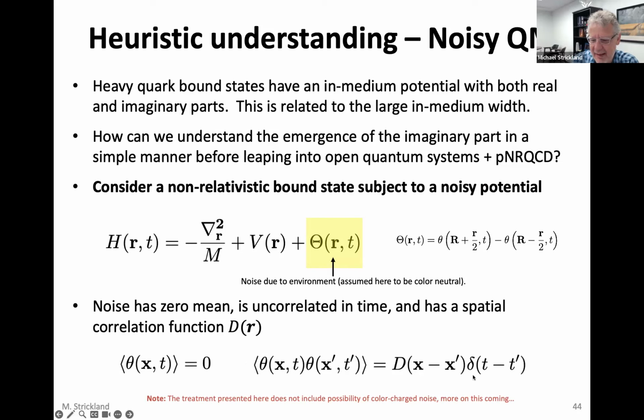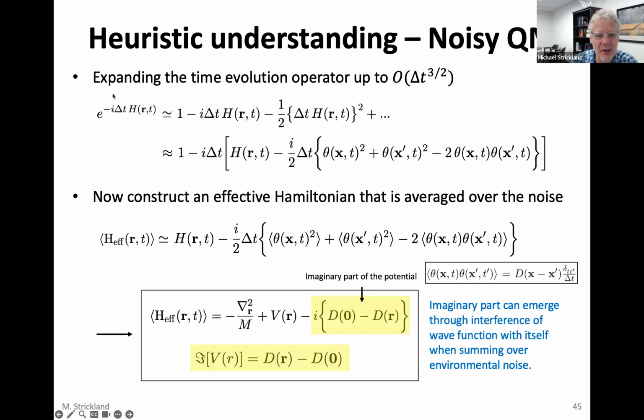And this is a continuum form of this delta function. If you write this in a discrete form, we're doing little time steps now instead of continuous updates, what you would find is that this is a Kronecker delta, and then for dimensional reasons there has to be a 1 over delta t hiding down here.